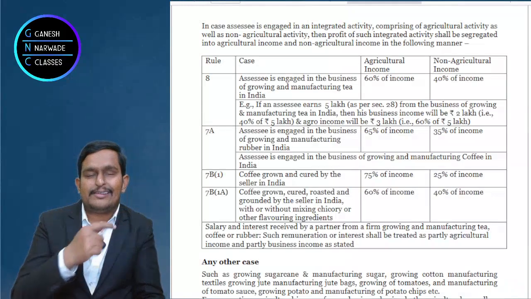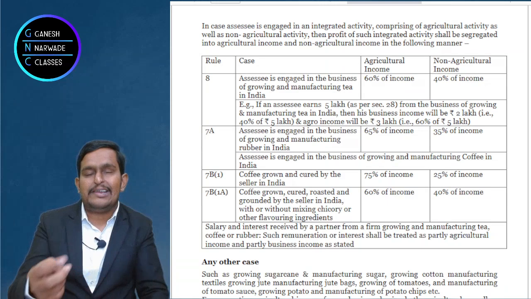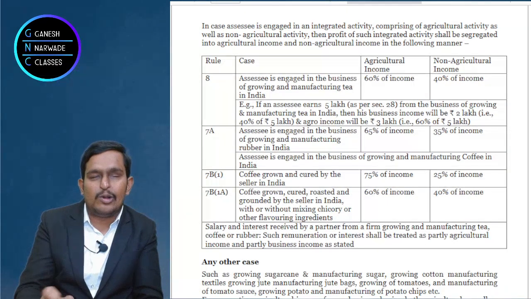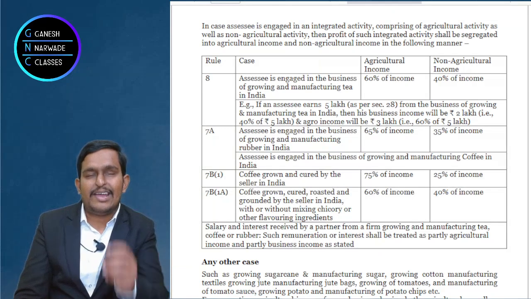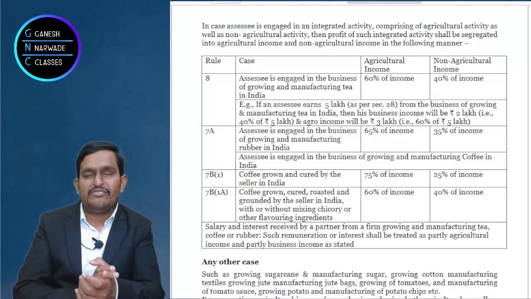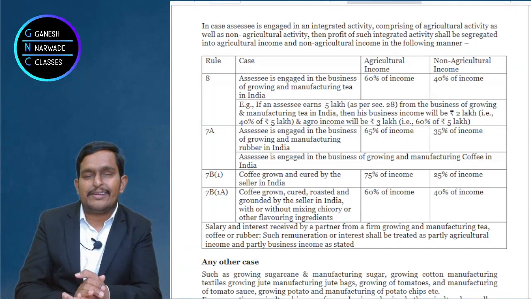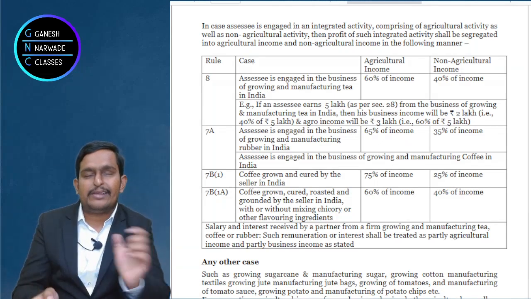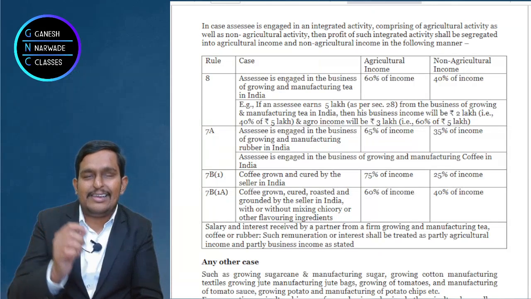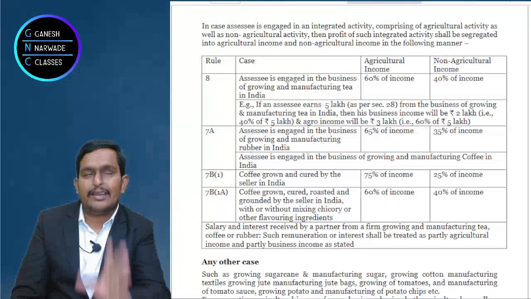So please remember the rules. For tea, 60 agricultural, 40 non-agricultural. For rubber, 65 agricultural, 35 non-agricultural. For coffee grown and cured, 75 agricultural and 25 non-agricultural. And for coffee grown, cured, roasted, and also one word I missed, ground, by mixing chicory or without mixing chicory, then 60% agricultural and 40% non-agricultural.